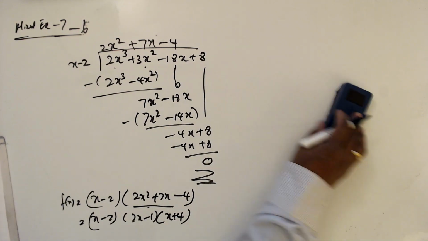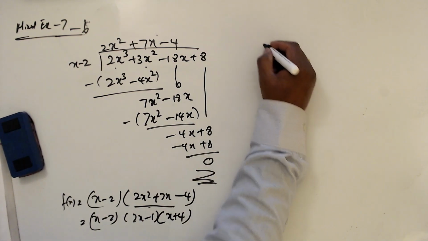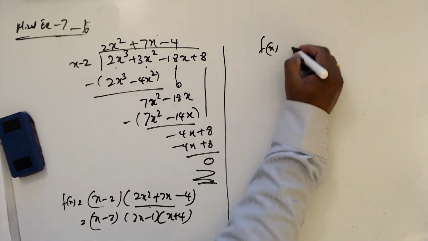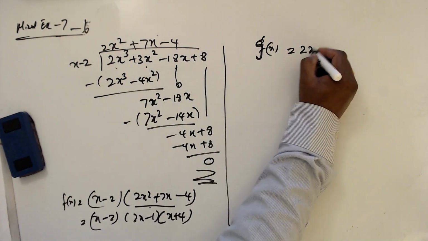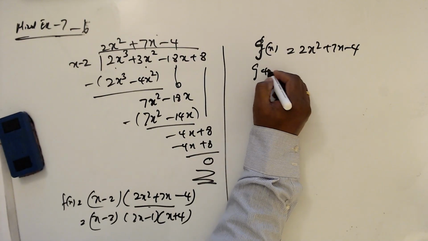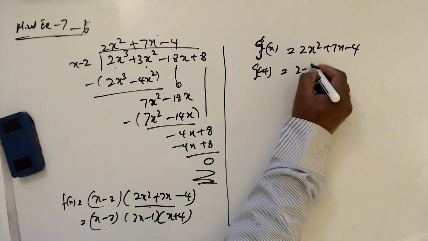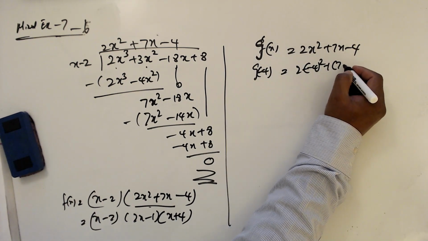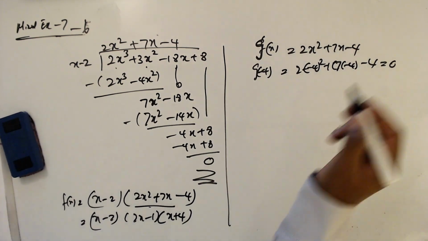If you don't know this system, you can do trial and error. So the same way, I'll take gx, this is 2x square plus 7x minus 4. When you put x equal minus 4: 2 times minus 4 square plus 7 times minus 4 equals 0.